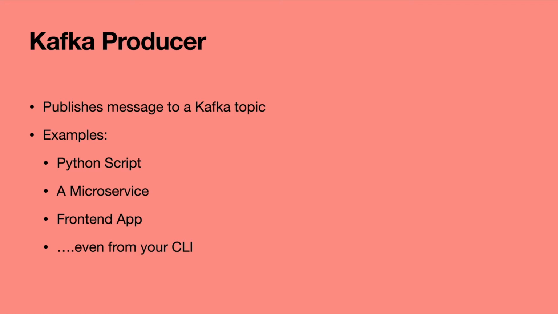In that case, that endpoint and that microservice in general is a Kafka Producer. It can be a front-end app which directly writes to Kafka. It can even be just your basic command line interface where you run a command and directly publish a message to Kafka. Essentially, anything that writes to a topic is a Kafka Producer.